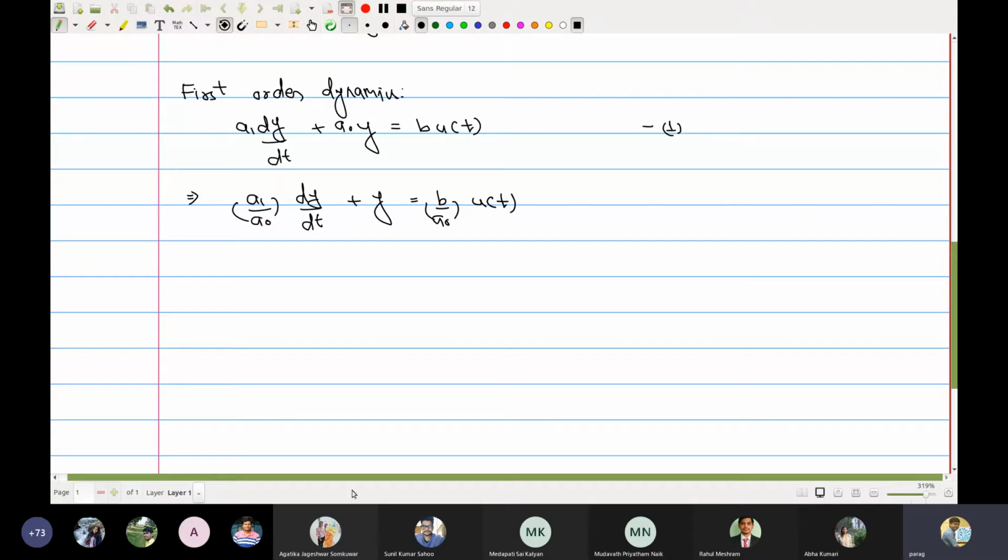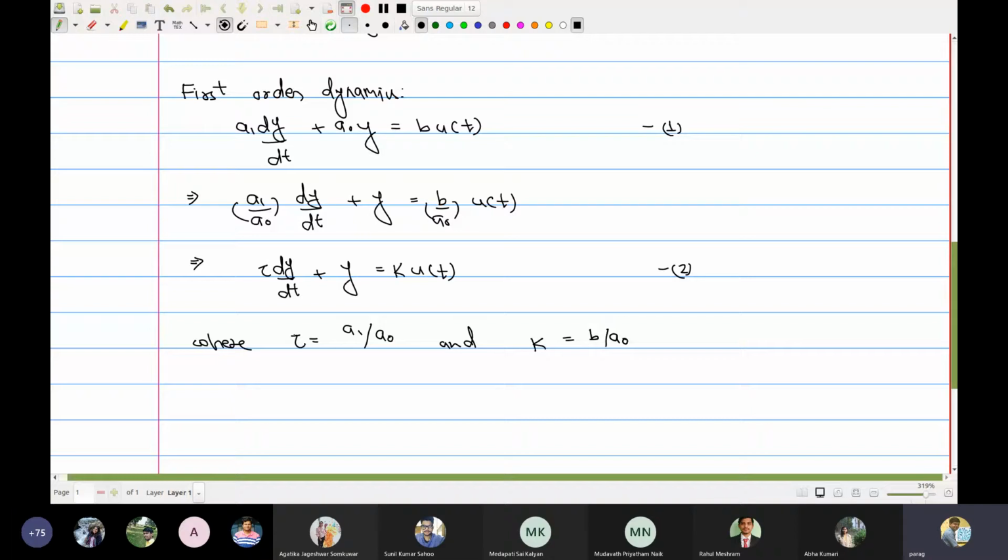I will further reduce this to an equation in the standard notation. I'm sure you know the notation. This is tau dy/dt plus y equals capital K u(t), where it's obvious that tau is A1 by A0 and capital K is B by A0, right?